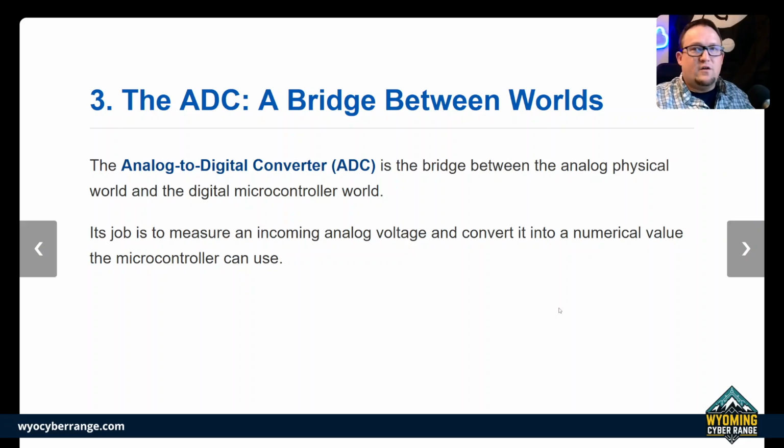Inside of our Arduinos and our ESP32s and all of our microcontrollers today, we have what's called an ADC. It's an analog to digital converter. This is going to be the bridge between the analog physical world and the digital microcontroller world. Its job is to measure analog voltage and convert it into a numerical value.